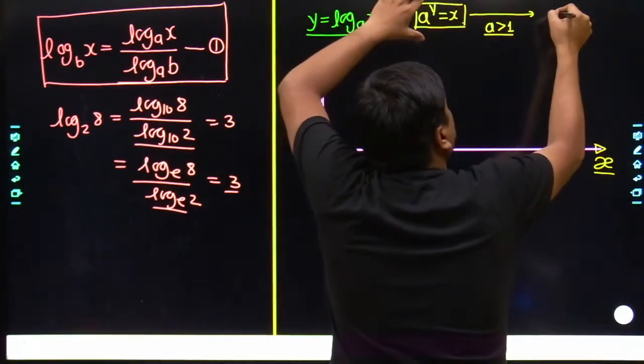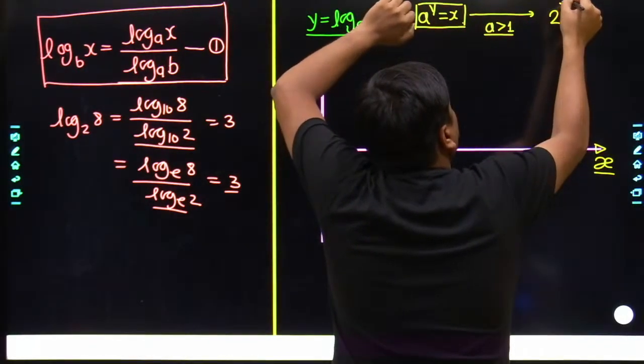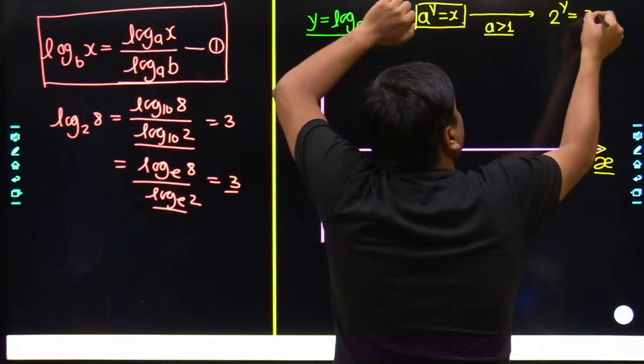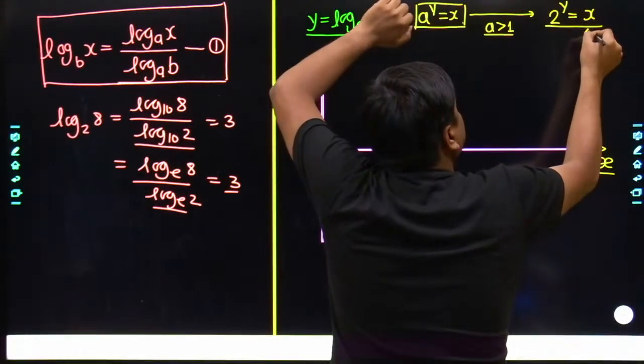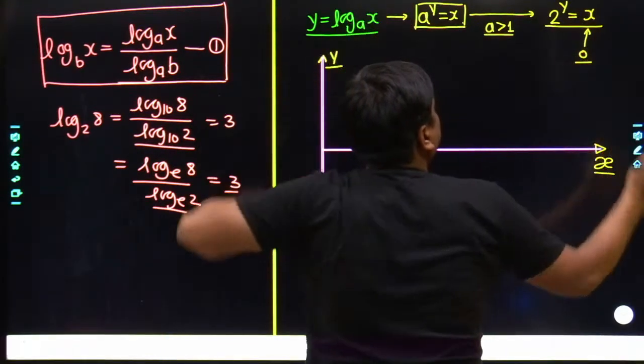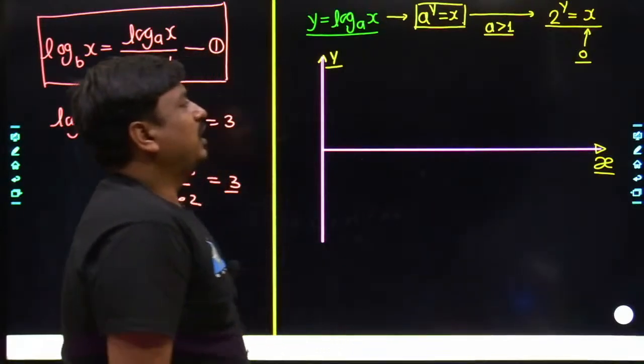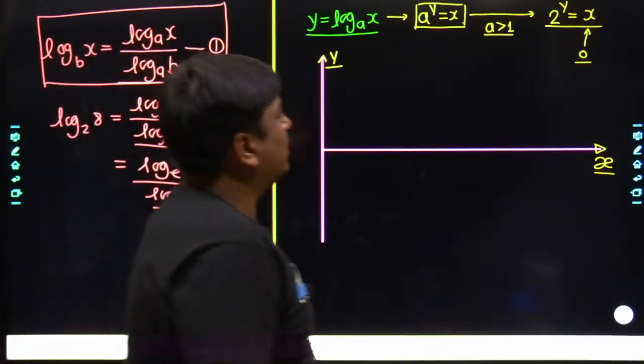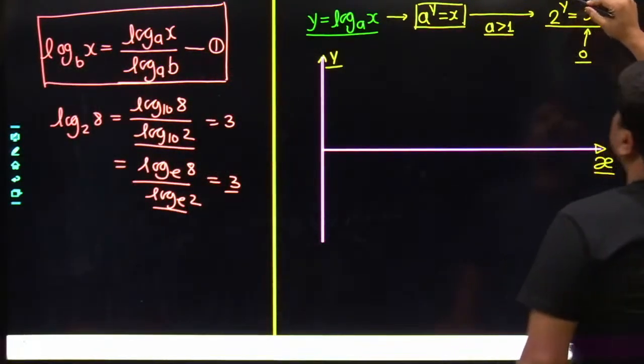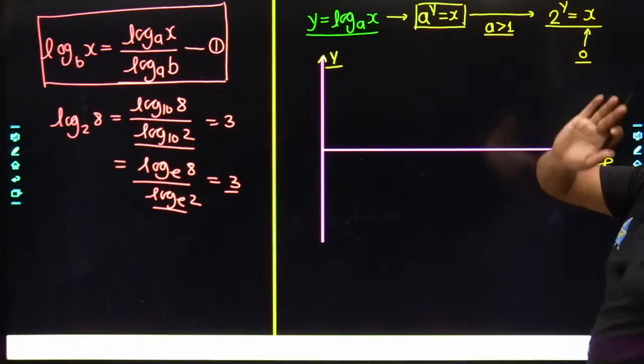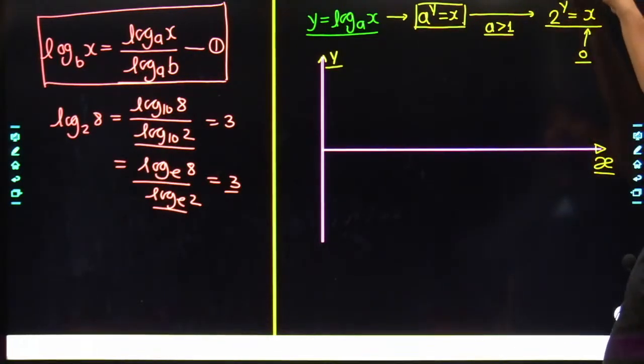For the time being, you could take 2 itself. 2 to the power of y equals x leads to x equals 0 only and only when y is reaching towards minus infinity. Could you understand what I am saying?